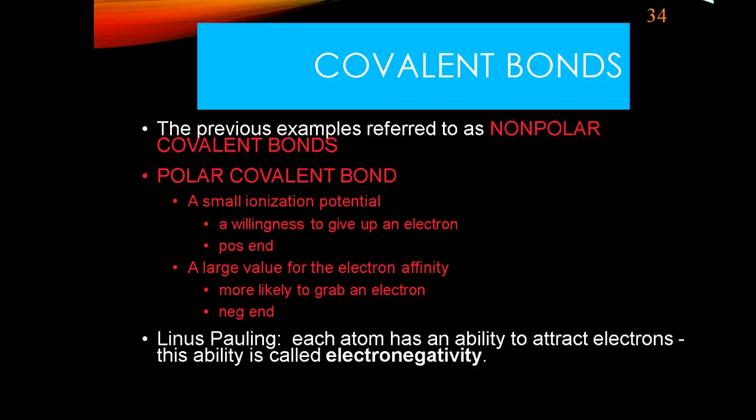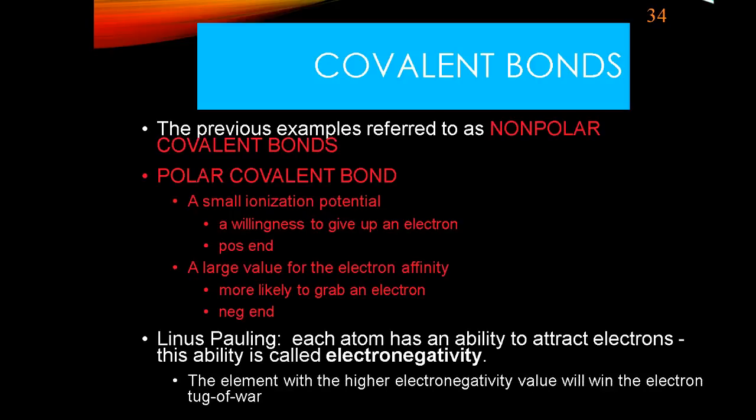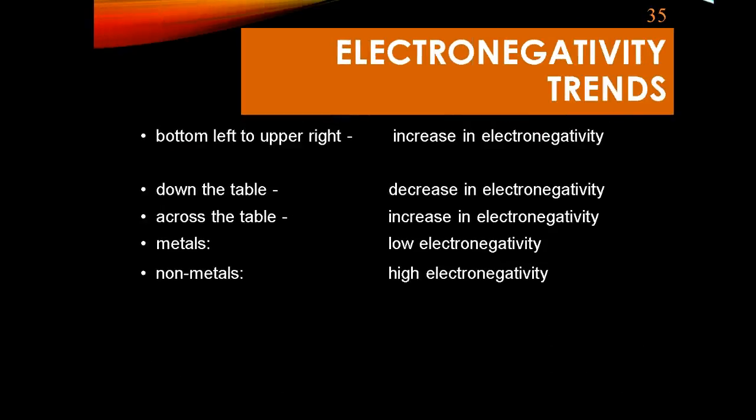Especially when we're talking about these bonds, the element with the higher electronegativity value will win the tug of war. So now we need to look at some of the trends for electronegativity.